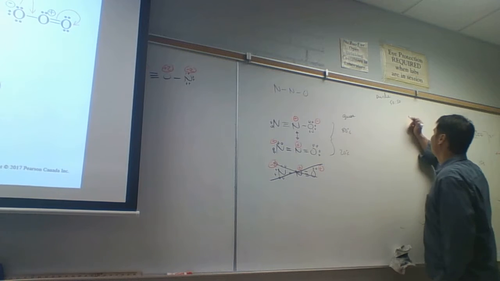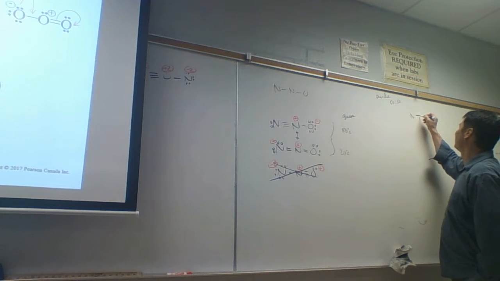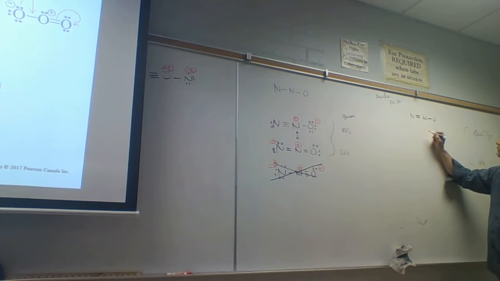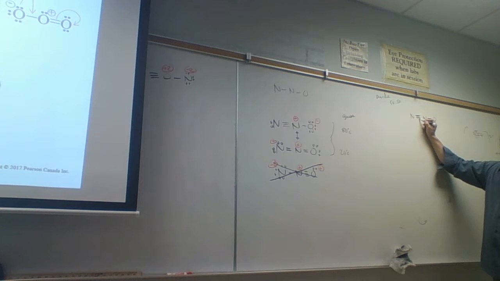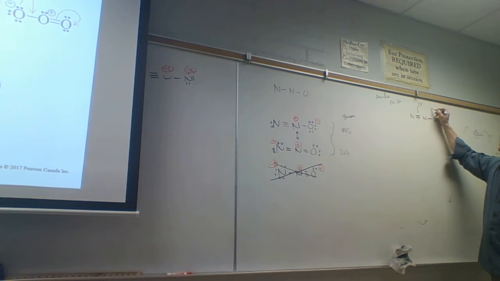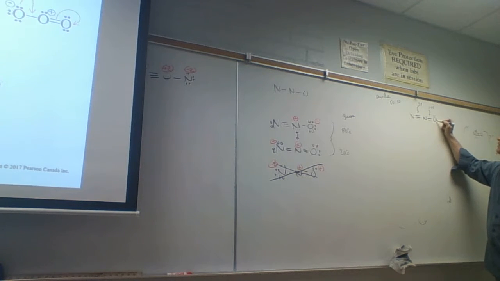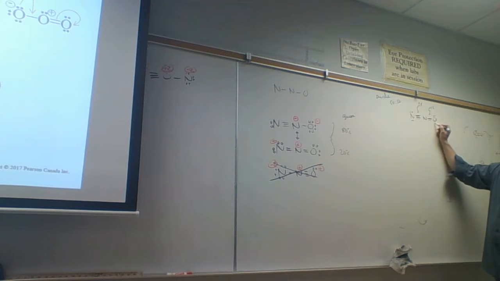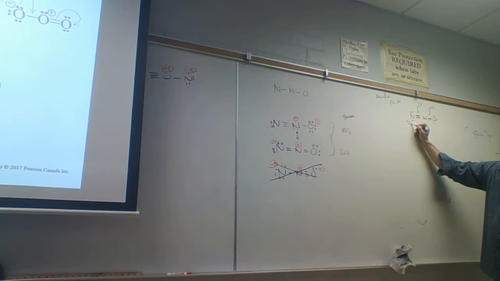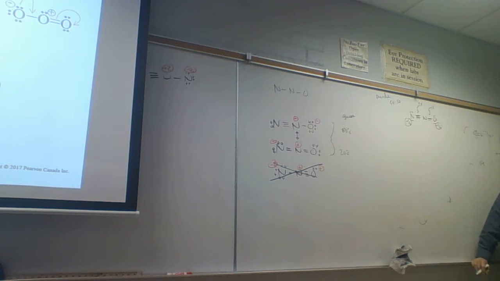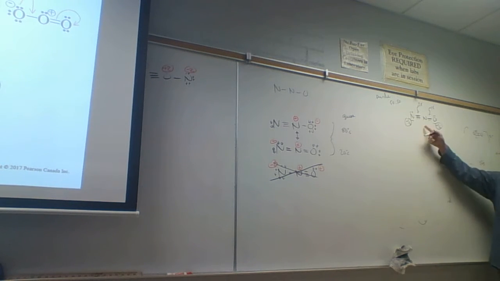And so if it were a 50-50 mix, it would look like this, where this would be a 2.5 bond. This would be a 1.5 bond. And this would be -1/2. And this would be -1/2, or 0.5. And so that would be a 50-50.